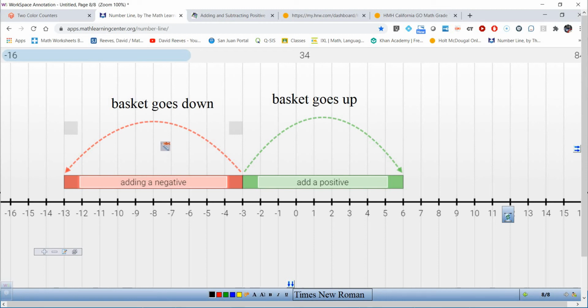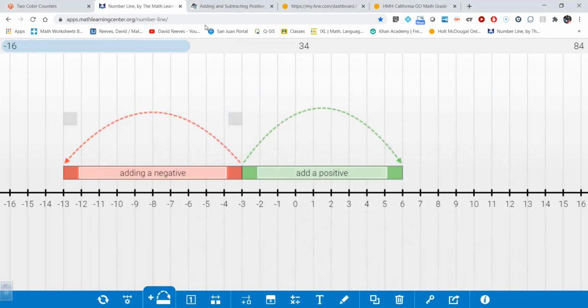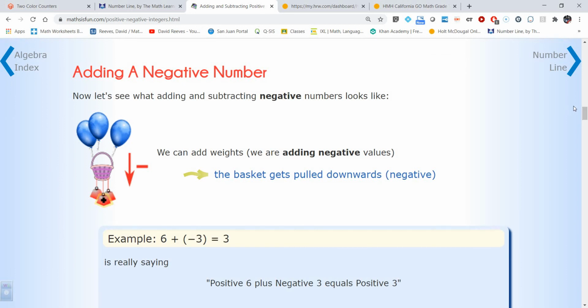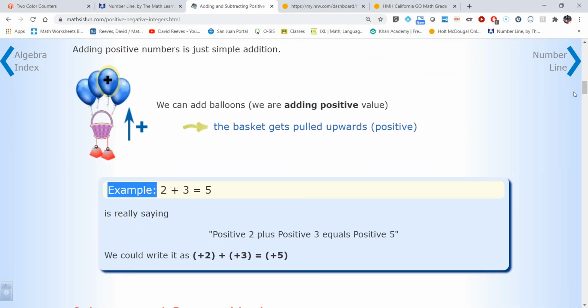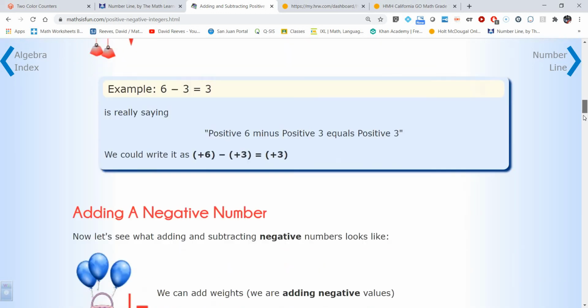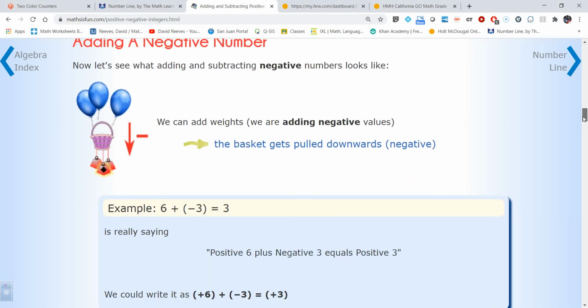Okay, so if we go back over here to our example that we were looking at, again, we can make the basket go up by adding balloons. We can make the basket go down by adding weights.